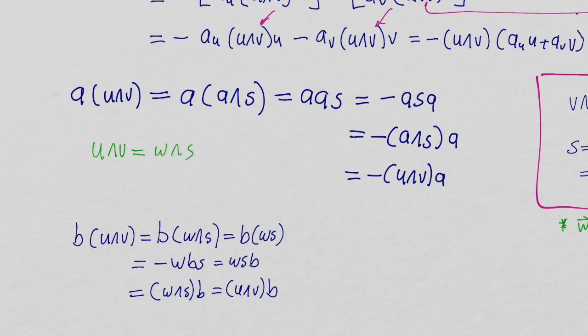Now, I can pick one of W and S freely, so I'm going to just pick W to be A, right? And I still know that I can find an S that is orthogonal to A, and these represent the same bivector. I've shown you how to do that.